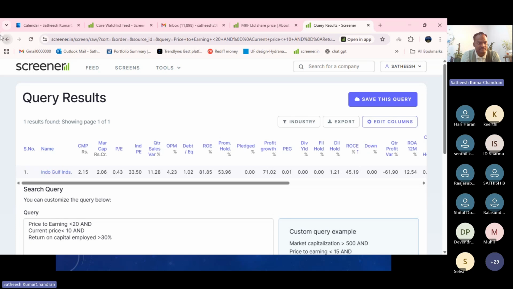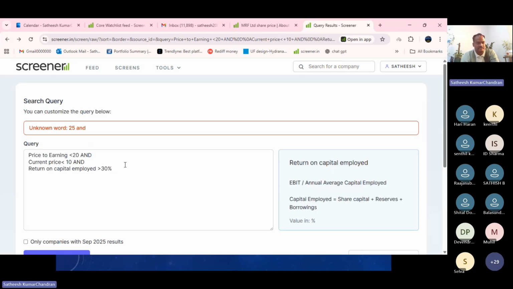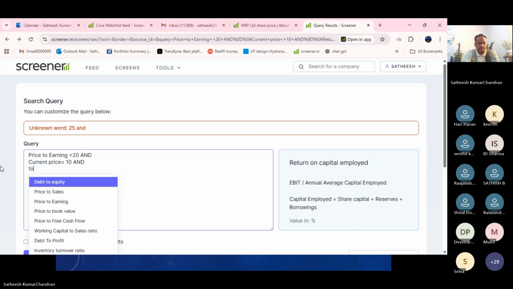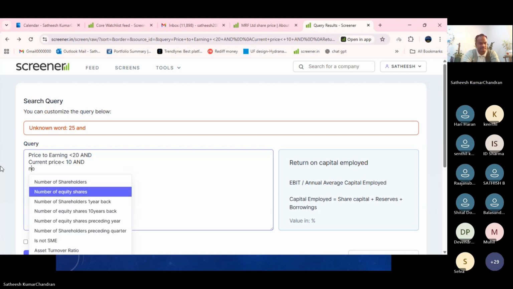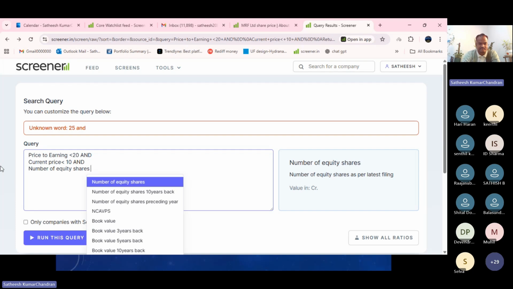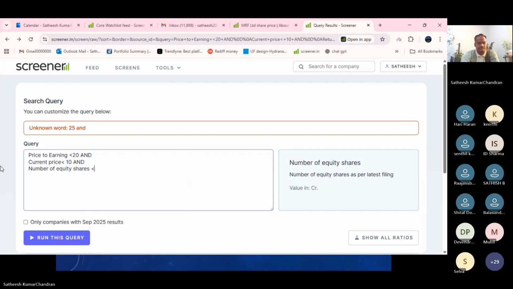So like that, even we can check free float, total number of shares. We need number of shares less than 1 crore.